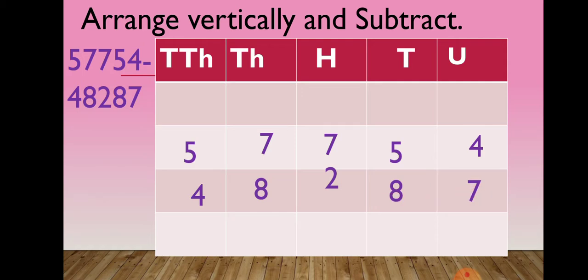Now we are going to learn borrowing. Subtract with borrowing. Do you subtract 7 from 4? No, because 4 is smaller than 7. So what do you do? Take a borrow. So where do you go?